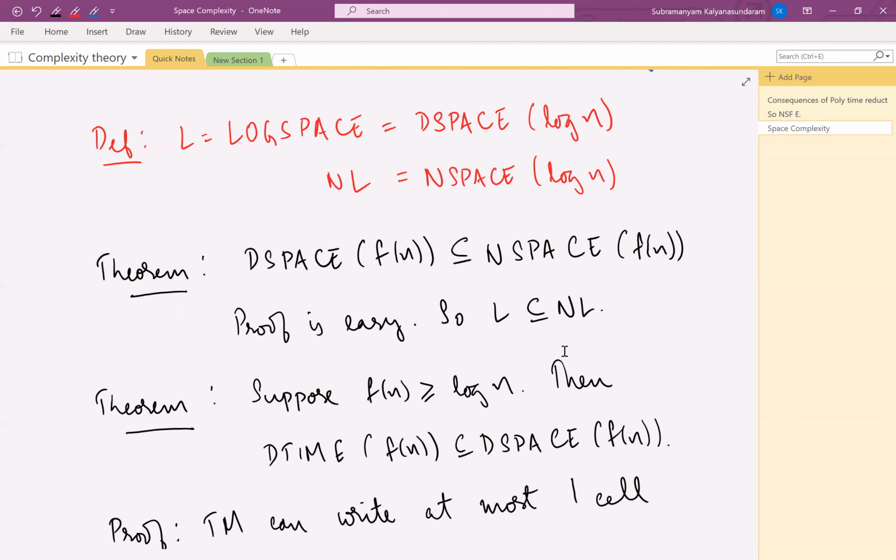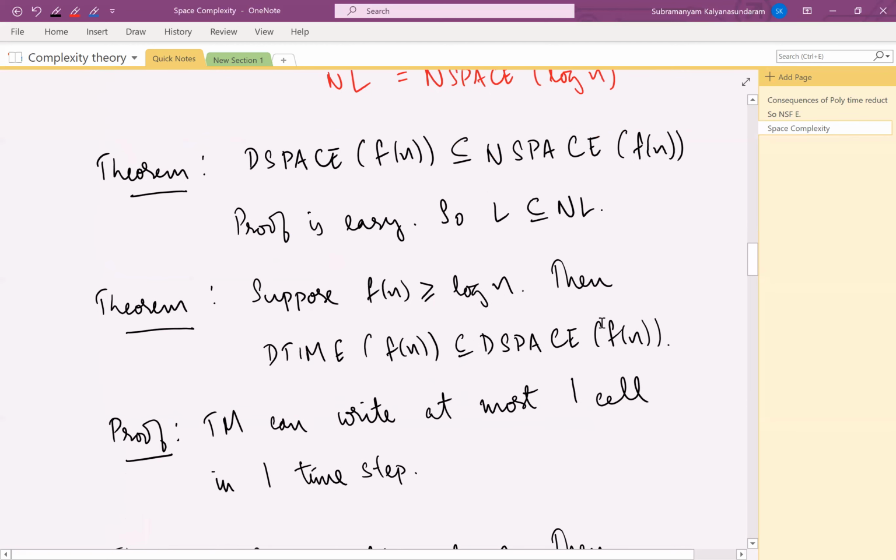This is trivial because any deterministic Turing machine can be viewed as a non-deterministic Turing machine that does not use any choices. Anything that can be computed by a deterministic Turing machine can certainly be computed by a non-deterministic Turing machine with the same space constraints. So when you set f(n) equal to log n, you get L is contained in NL, which is again trivial to see.